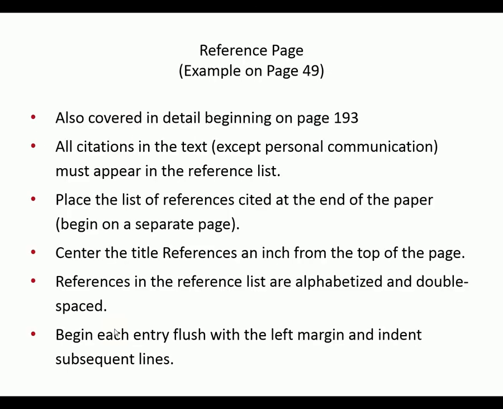All right, reference page. There's an example on page 49 of our handy dandy example. Now, if you're looking at this example, you can see here after the words abstract, when we started on page 42, you put on page 42, it was page 3, which will be your page 2 because you're never going to do an abstract.